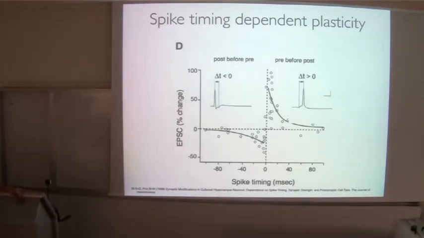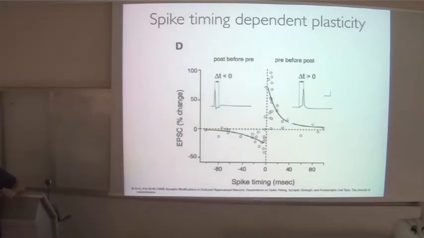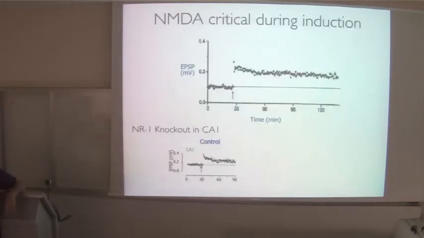When I first came, I was looking for a PhD advisor, and I was talking to Idan Segev. I came to him asking exactly this question. Basically, how does the synapse know when you do the tetanus? How does the synapse know that there was a spike in the soma when you do this tetanus?